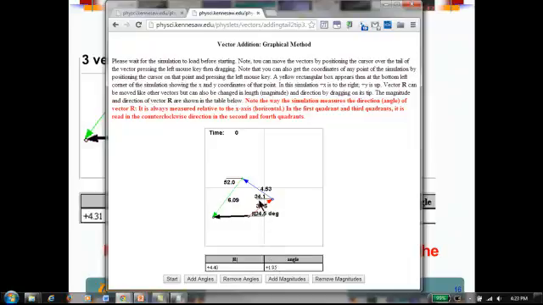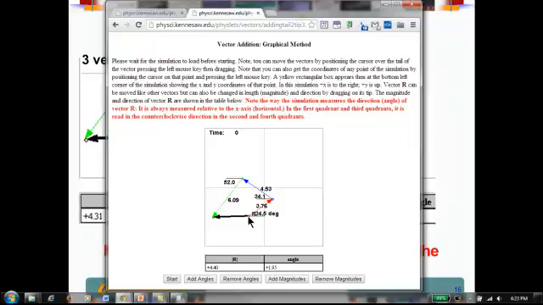Even if you kind of play with the signs of the angles here, that's not going to work out. So to add vectors, you cannot simply add magnitudes or angles. In this particular case, we added them graphically. We'll learn later on how to add them mathematically.